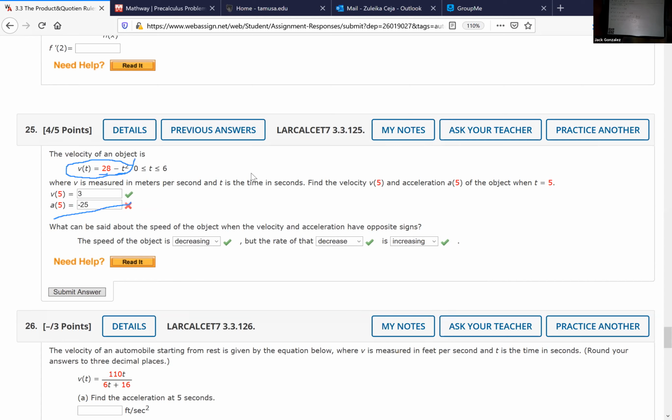Once you have that, you plug in 5 to find this part here. So what you have to figure out is this derivative using the power rules from 3.1. It's positive 25. Okay. Thank you.